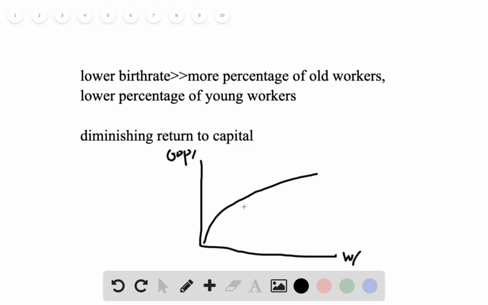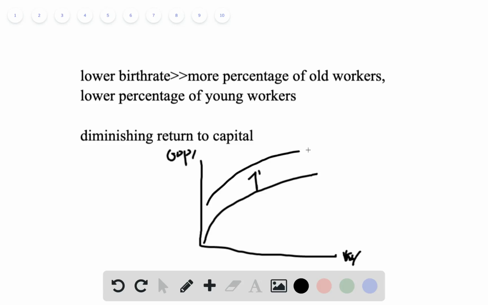So that means if we are moving along this curve, and we are trying to invest a lot, this is capital here. If we invest a lot of capital, we'll only see a movement along this curve, but we cannot shift up the curve.